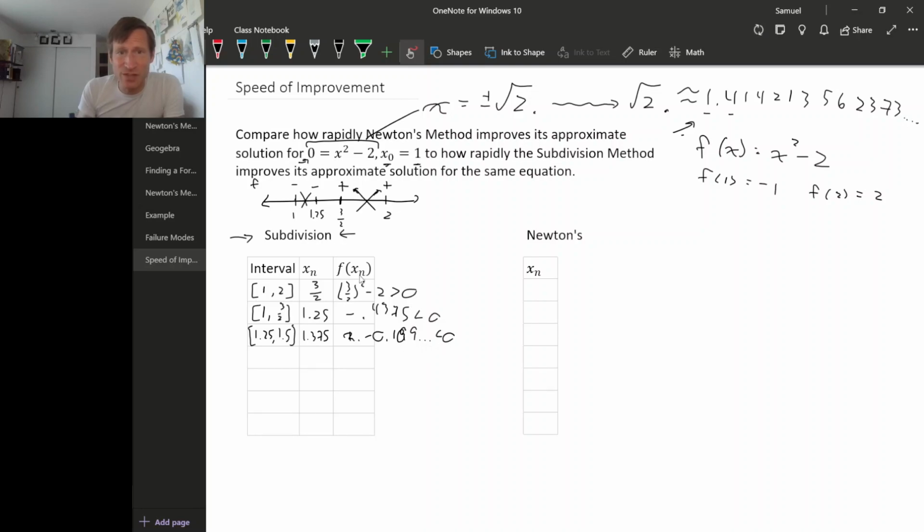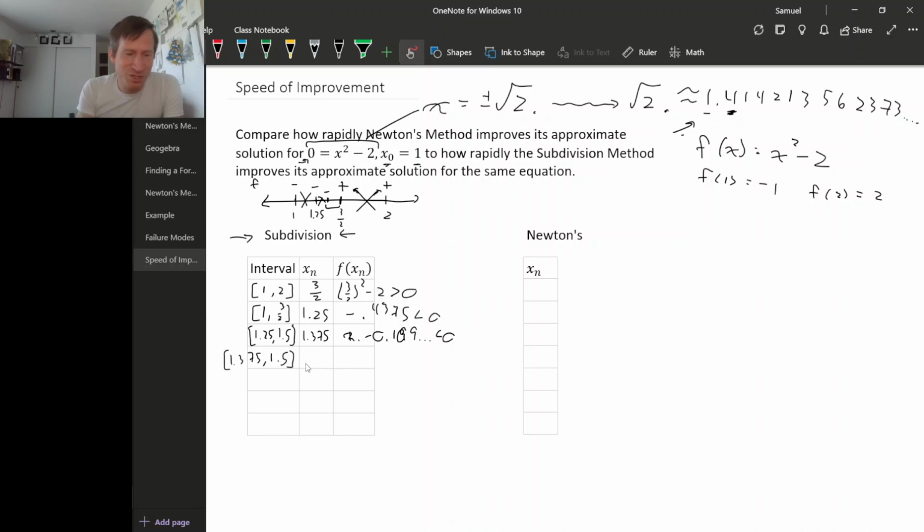So that's negative. So again, negative here. So we throw away the left interval and keep the right interval. So now our interval is from 1.375 up to 1.5. Something that you might notice is that we still don't have this tenths digit correct after several stages of this subdivision method.